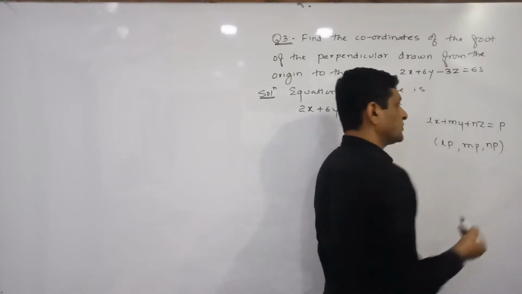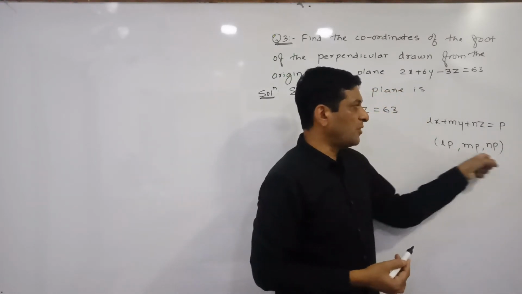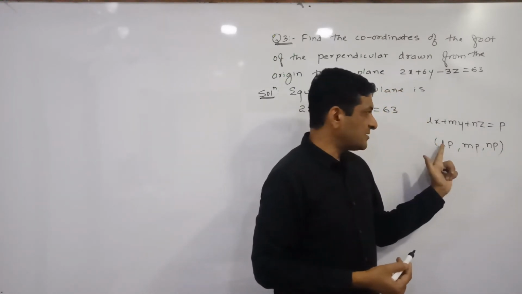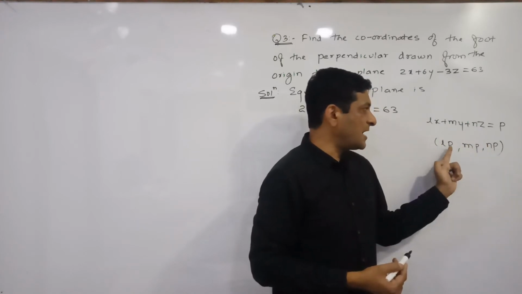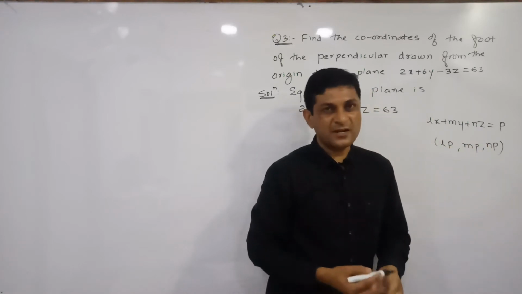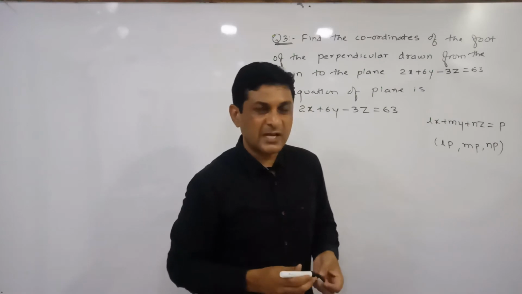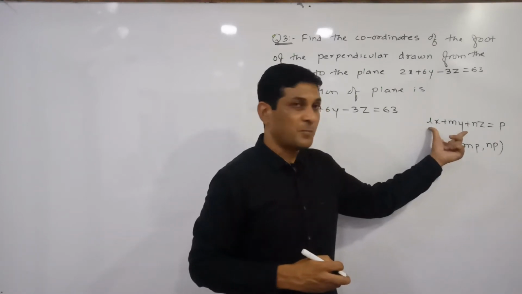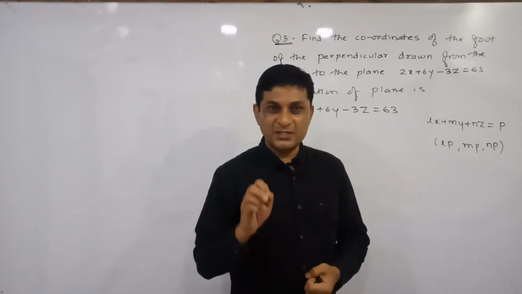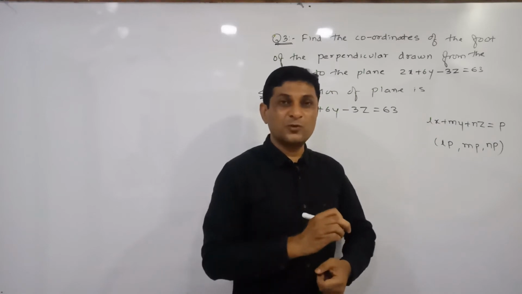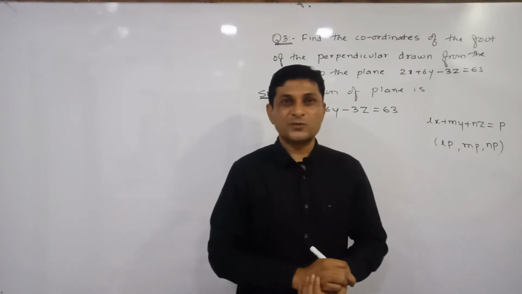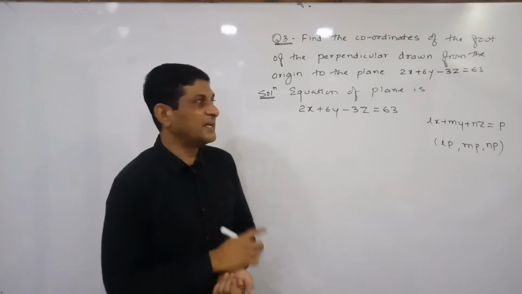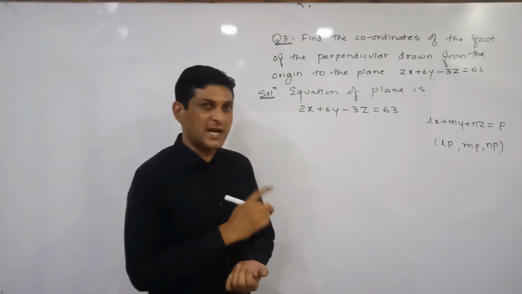To find the coordinates of the foot of perpendicular, we require the values of L, M, N and P. These four values can be found from the equation of plane, but the important condition is that the equation of plane should be in normal form. As it stands, the equation of plane is not in normal form; it is in Cartesian form.